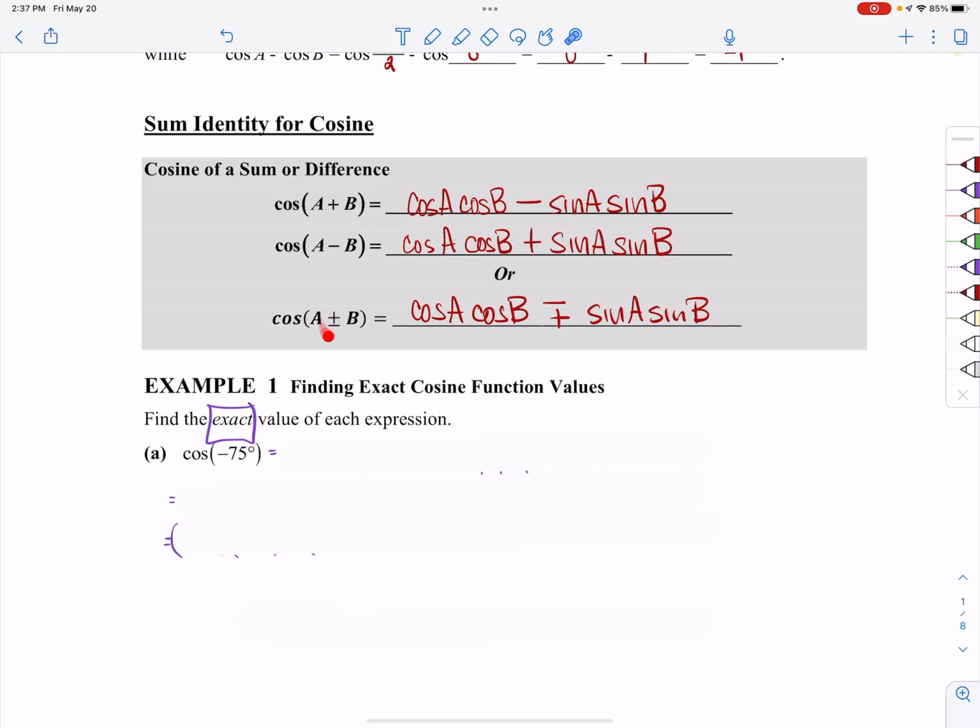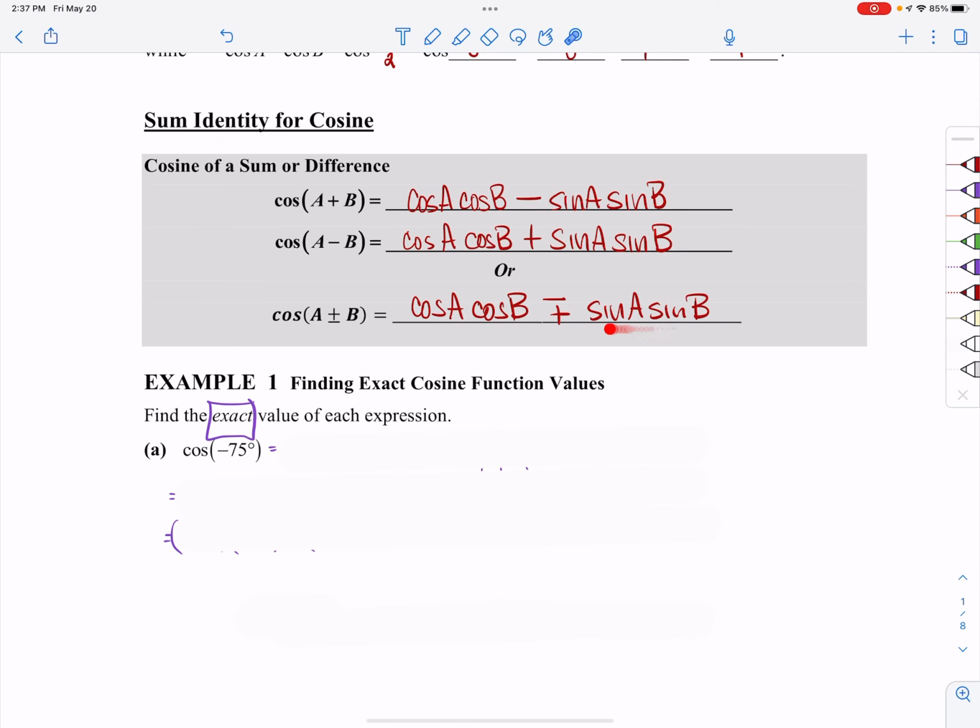You'll notice here the signs are opposite each other. Whenever it's a plus, we use a minus in here. Whenever it's a minus over here, we use a plus here. So minus or plus sine A sine B. You will hear me use a shortcut for this. Normally I will say something like cos cos minus plus sine sine, and so you'll know what I'm talking about.